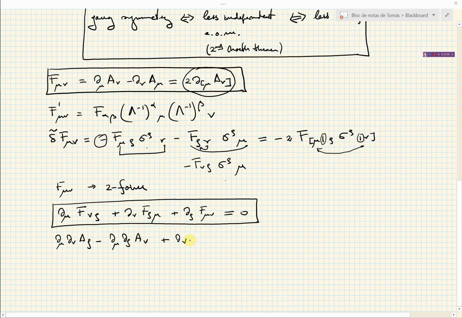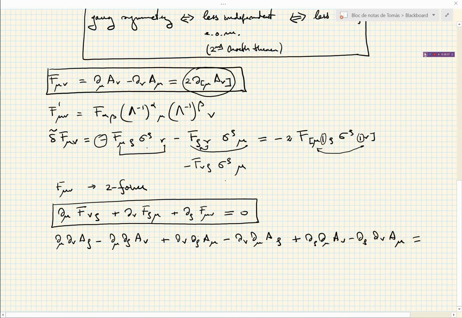So this is partial nu partial rho A mu minus partial nu partial mu A rho plus partial rho partial mu A nu minus partial rho partial nu A mu.